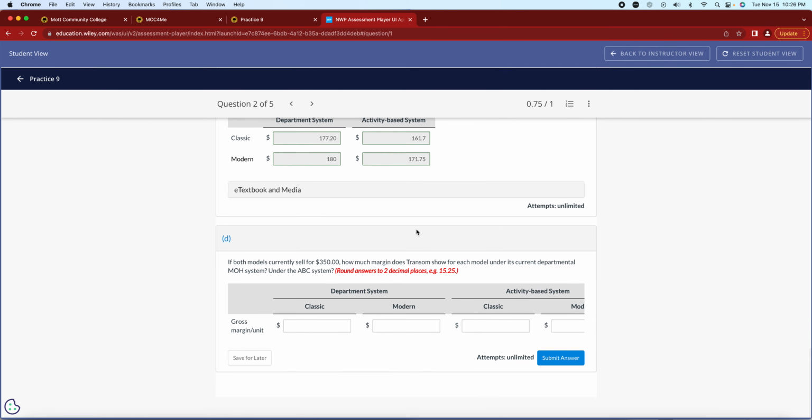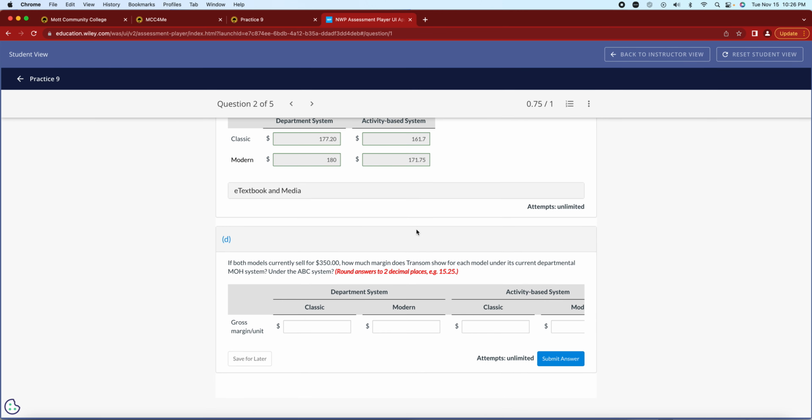And then finally, they're asking us to determine how much margin it would have under each one of those costing methods for overhead. So we want to look at assuming that there's a price of $350 each for both products.